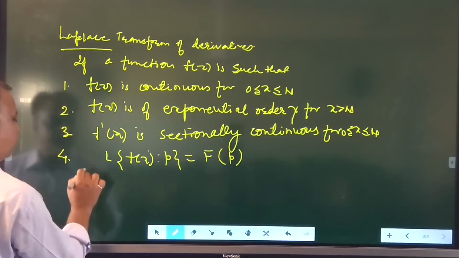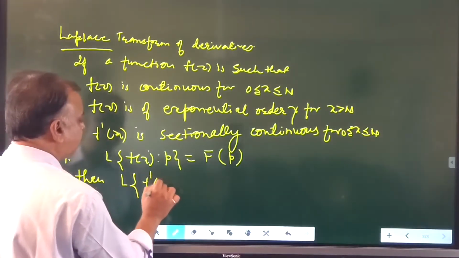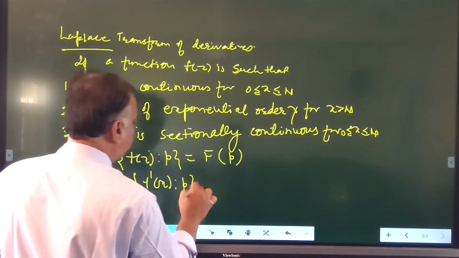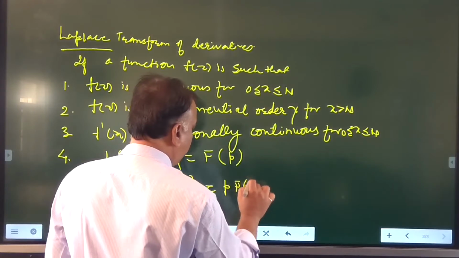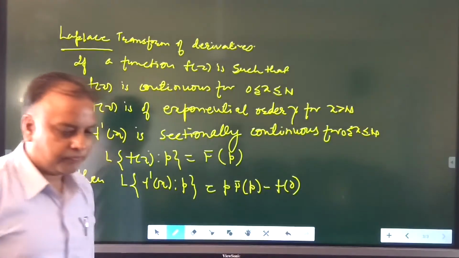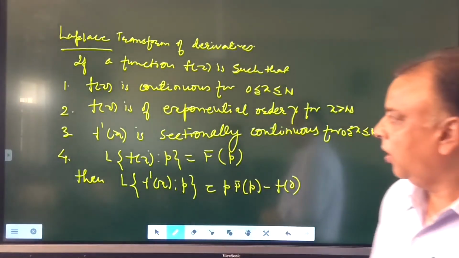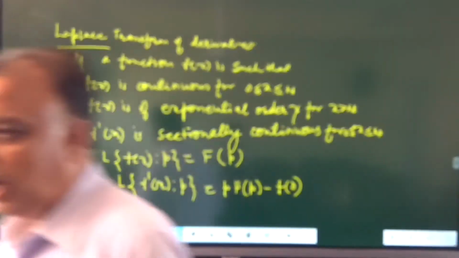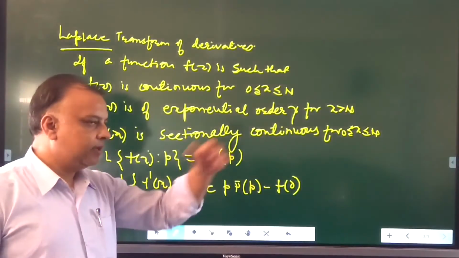Then the Laplace transformation of f'(x) with respect to parameter p is equal to pF(p) minus f(0). The Laplace transformation of the first derivative f'(x) of f(x) is given by pF(p) minus f(0).